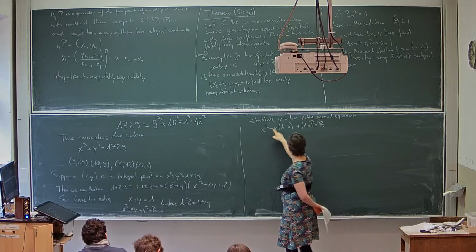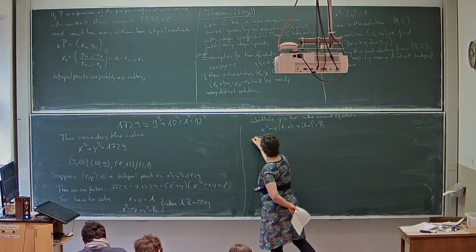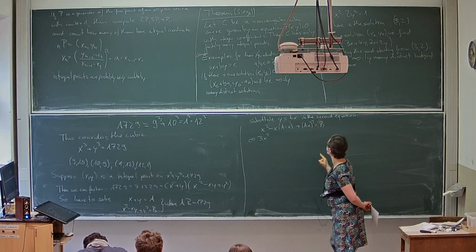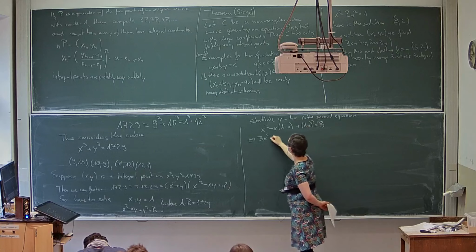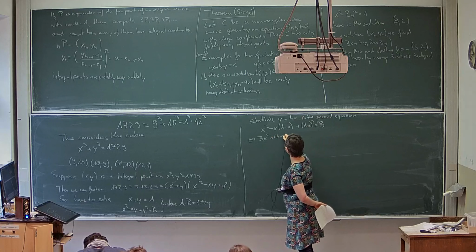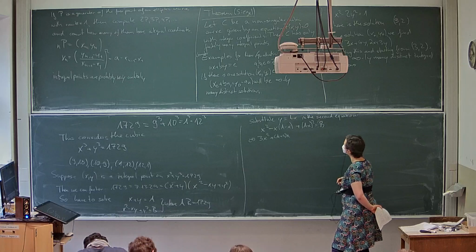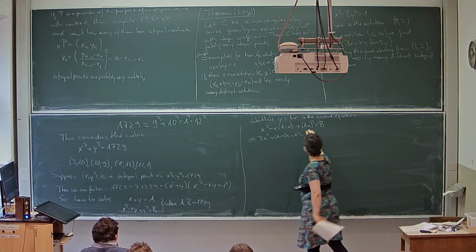This is 2x squared, 3x squared. This is minus 2 and minus a, so this is a plus 2 times x plus a squared is equal to b.